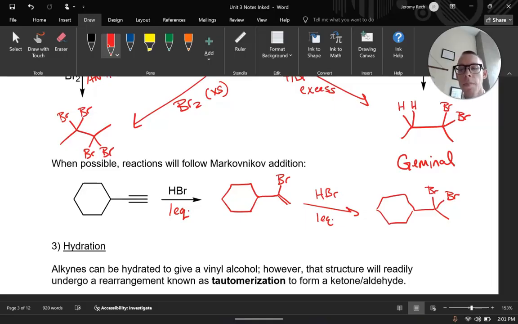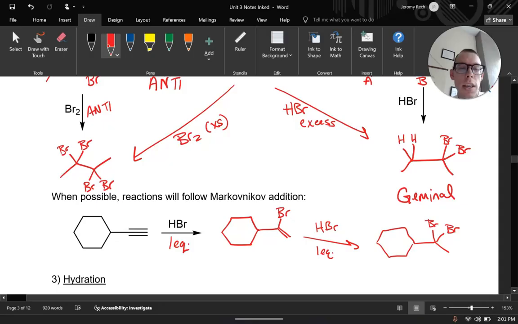Now, this is going to be an interesting set of reactions that you can consider, because if you have a triple bond, you could actually convert between your, so if you have a terminal triple bond, you could, for example, use 2 equivalents of HBr to make a geminal dihalide.